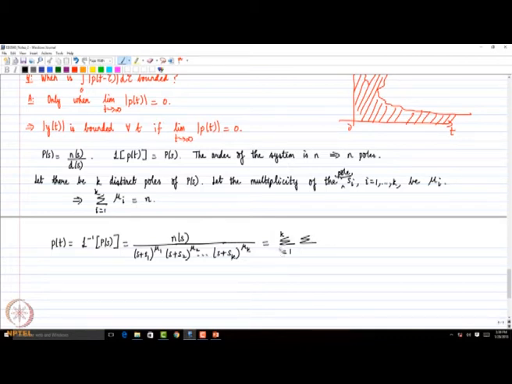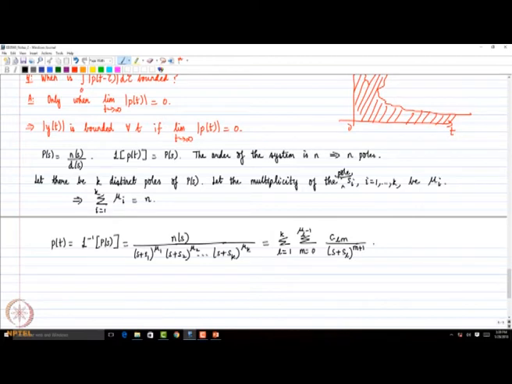Let me call it the sum over L going from 1 to k, m going from 0 to mu L minus 1, some C_LM, which is the residue, divided by (s + sL) to the power m plus 1. That's what is going to happen.